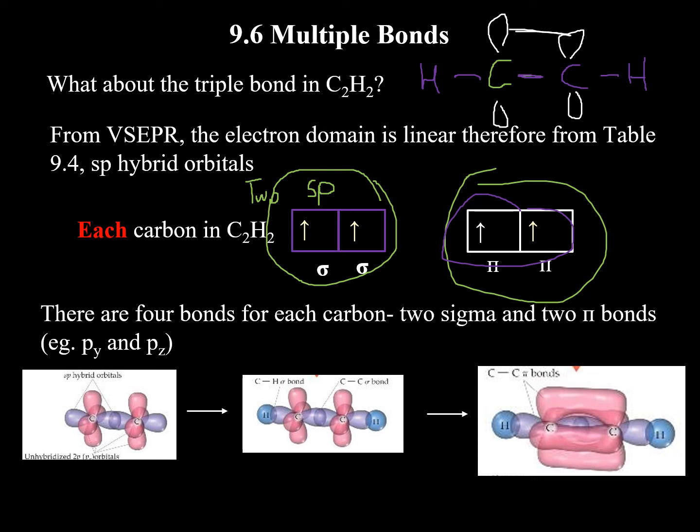This is the pi bond interaction. But we have another pi bond interaction. This would be in and out of the paper. So there's a pi bond interaction there as well to make the triple bond.